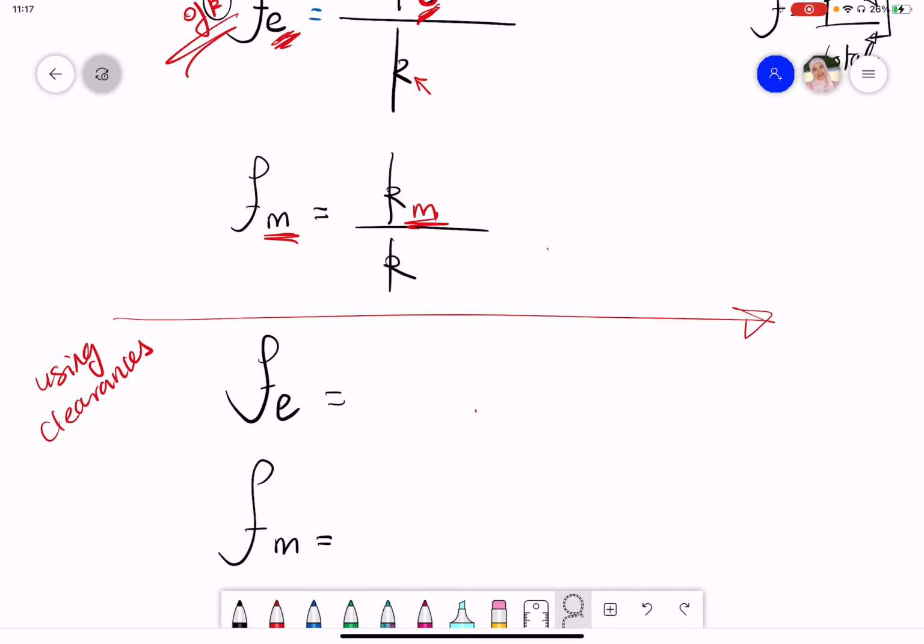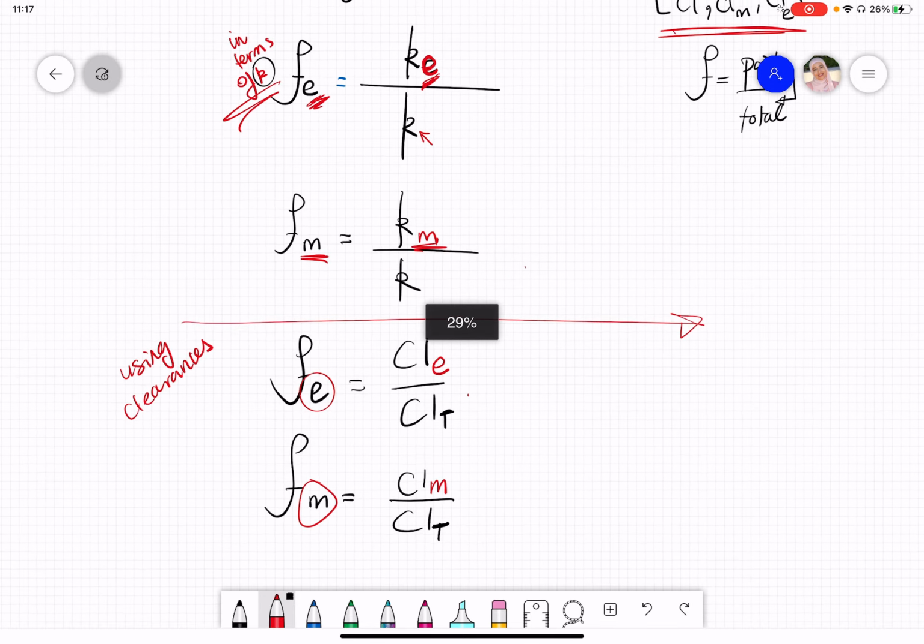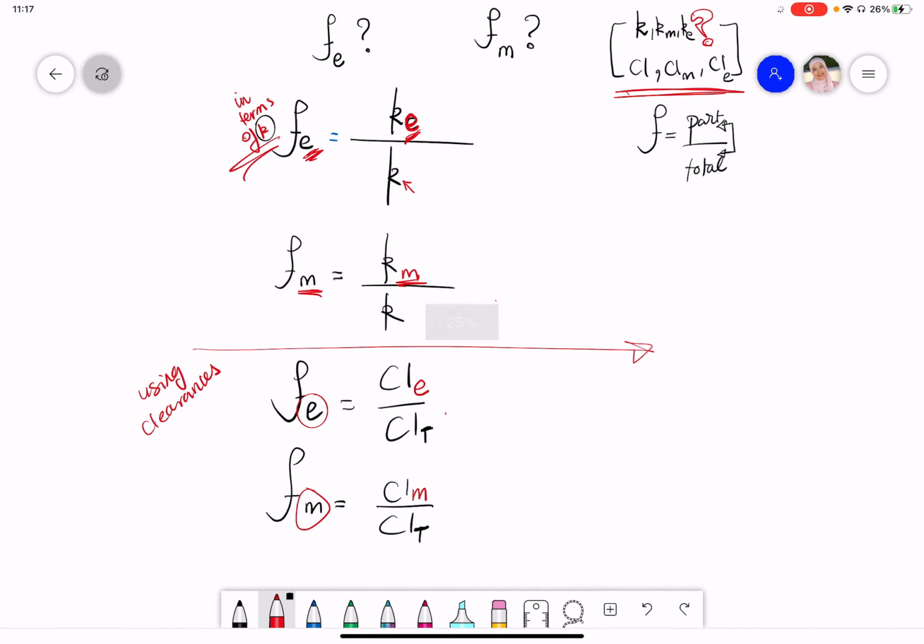Again, the total would be your total clearance, which describes the whole or overall elimination process, either excretion or metabolism. But if I want to have the excretion fraction, I will have excretion clearance. If I want to have metabolism, I need to have metabolism clearance. So just use the right term, okay?